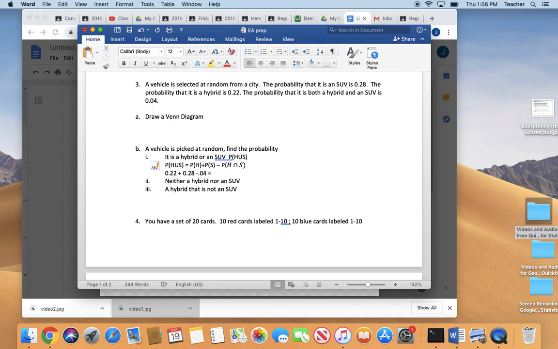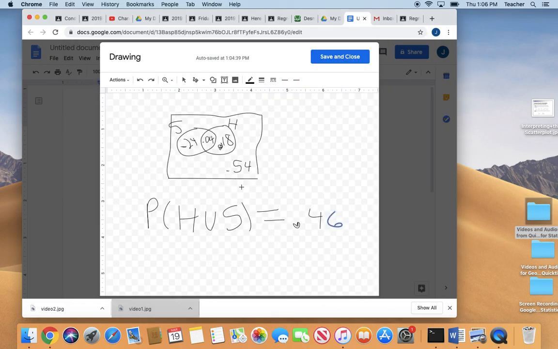And in that case, I should get the exact same thing. So if you take 0.22 plus 0.28 minus 0.04, you get 0.46, which is the same thing we got when we added 0.24, 0.04, and 0.18 from our Venn diagram.